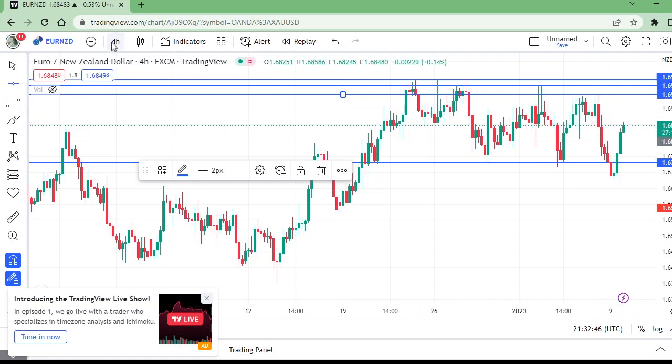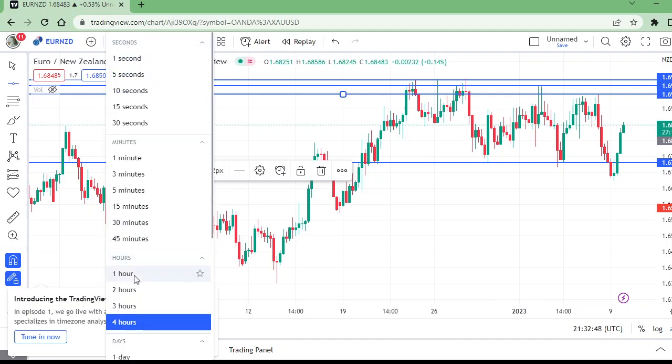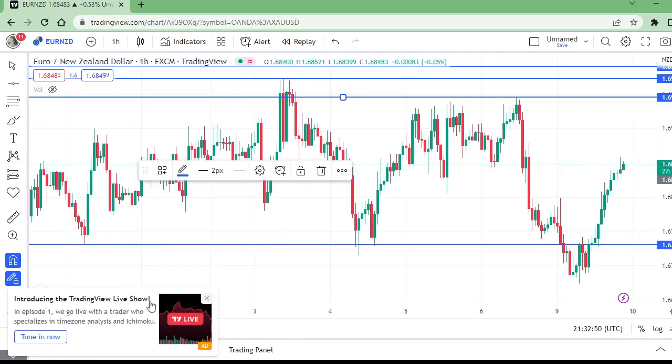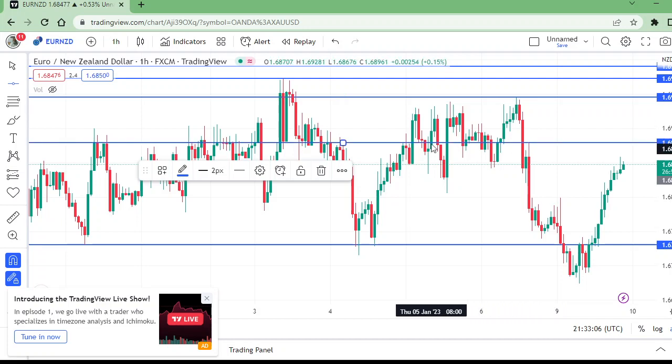Now let us move to the 1-hour time frame. I feel like this is the best position. I am expecting this to go up to this level and then come down for a far lower low.